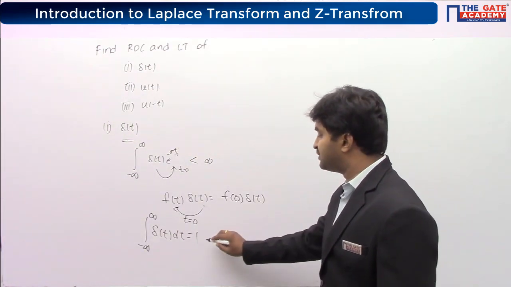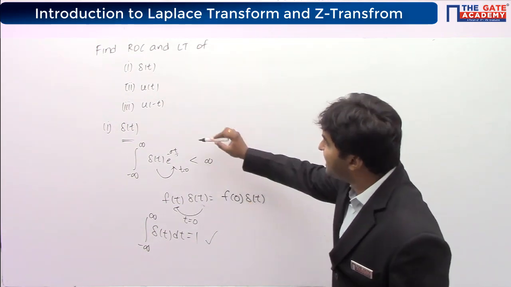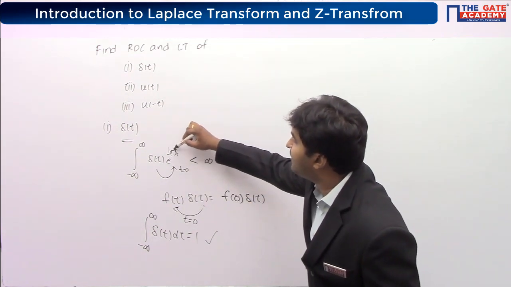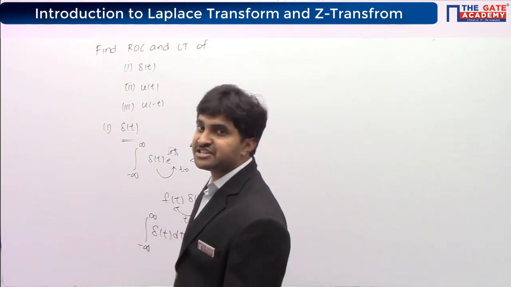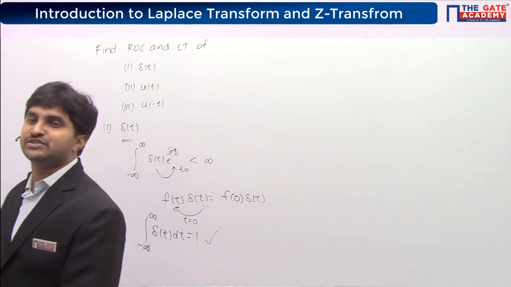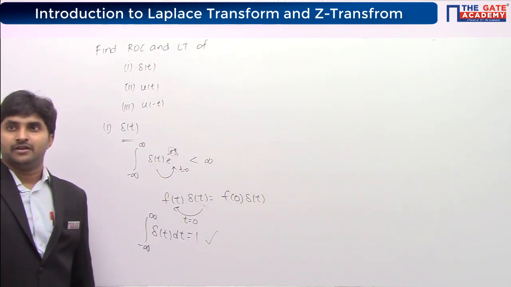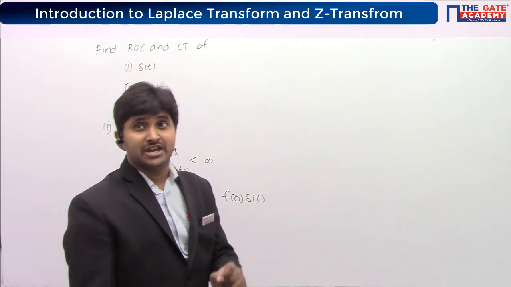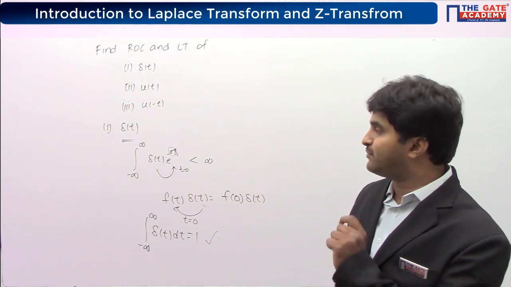So the existence condition is satisfied. Now, does the existence condition depend on the value of sigma in this case? Yes or no? The existence condition is not at all dependent on the value of sigma.